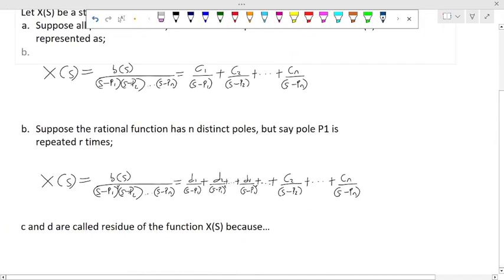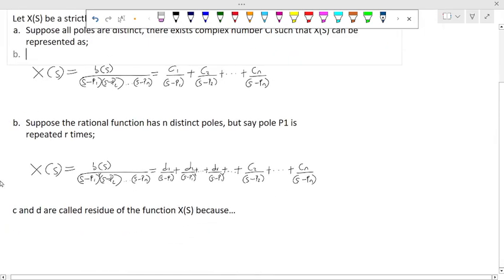Note that c and d are constants. They are called residues of the function X of s, because after we decompose the function, what is left is a constant.